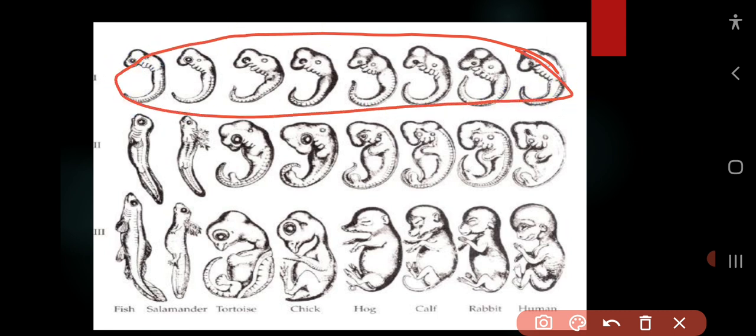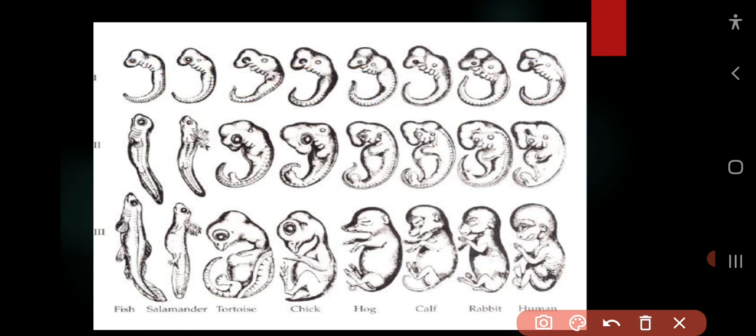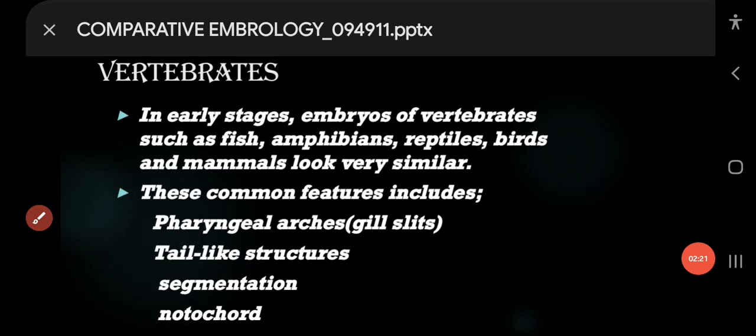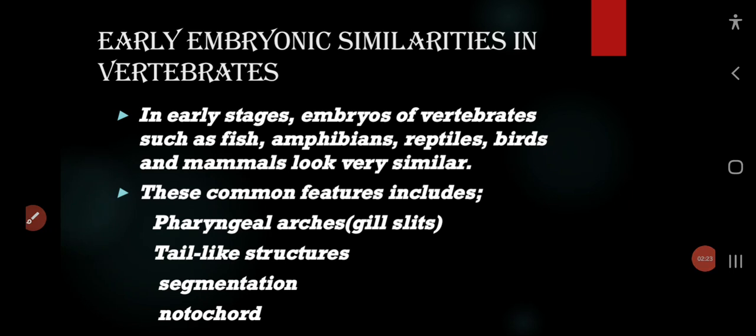They have that post-anal tail. I think you can see the tails. They have the tails according to Haeckel, and they have those pharyngeal gill slits. The gills right there, the ones that I'm marking. It's very key to notice that. The common features, like I mentioned, are the pharyngeal gill slits and the tails.